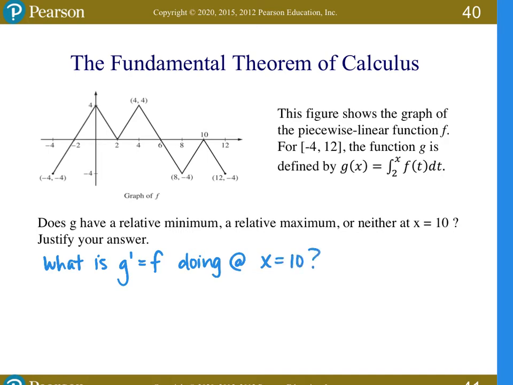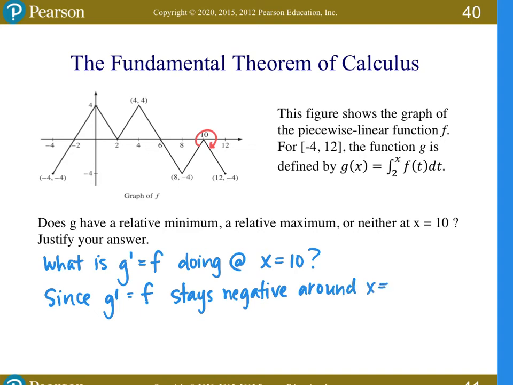Well, G prime, which is equal to F, is negative, staying negative, never crosses the x-axis. So since G prime equals F, stays negative around x is 10, then x is 10 is neither a max or a min.